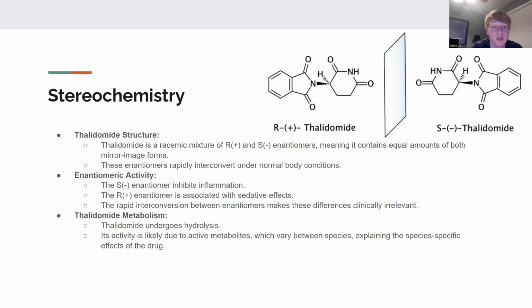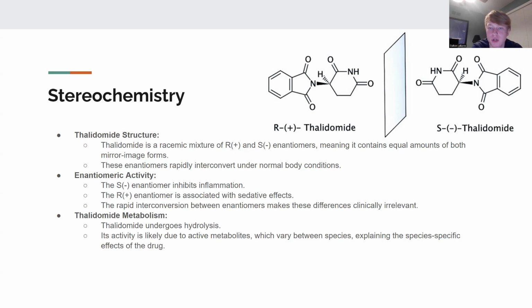Next, stereochemistry. So again, thalidomide is a racemic mixture of both the R plus and S minus enantiomers, meaning it contains an equal part of both of the mirror image forms, as you can see in the top right.